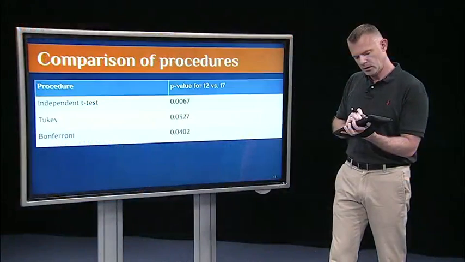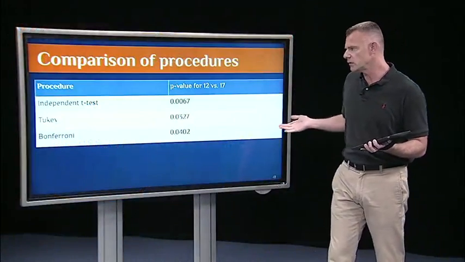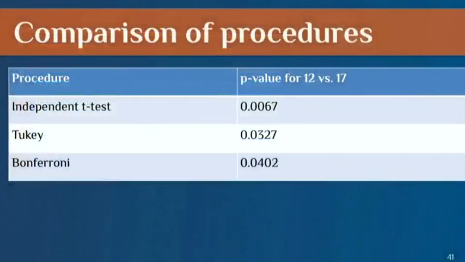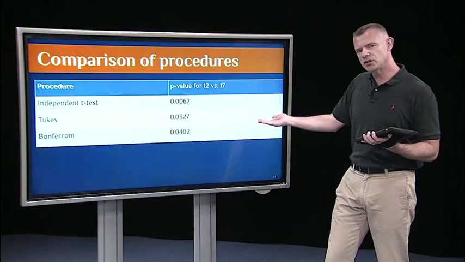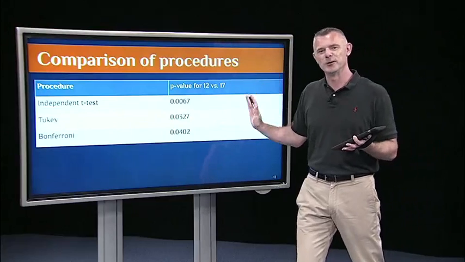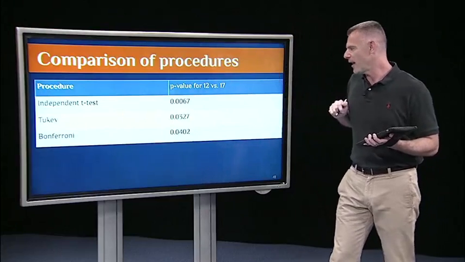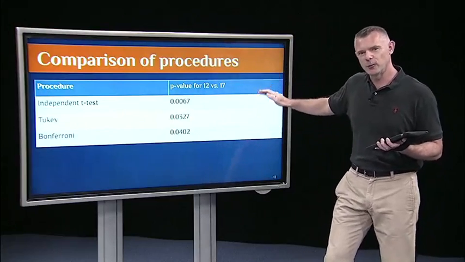Now let's compare those procedures. The independent t-test has no correction, so that's the most liberal, and it gave me a p-value of 0.0067. Even if I wanted to be really conservative and put my alpha level down at 0.01, this would still be significant because it's less than that. Then you see a big jump, relatively speaking. I know these are small values, but if you're worried about getting under a p of 0.05, then you're starting to get a little worried here.